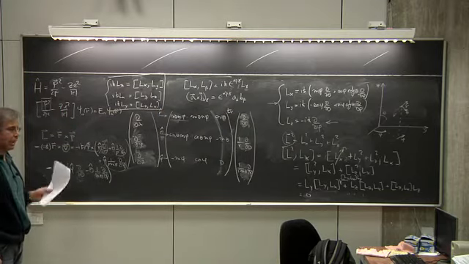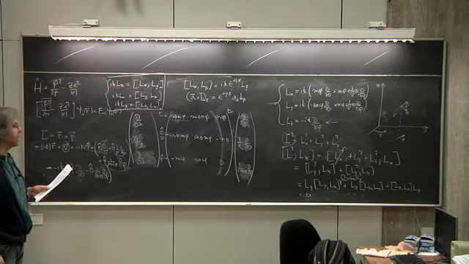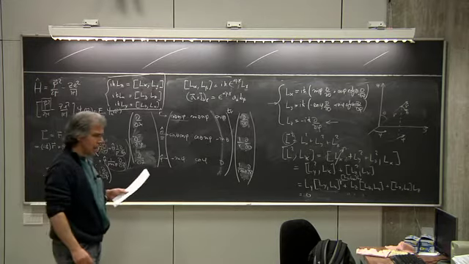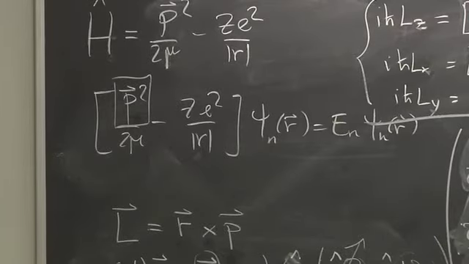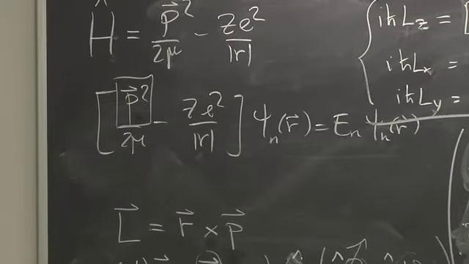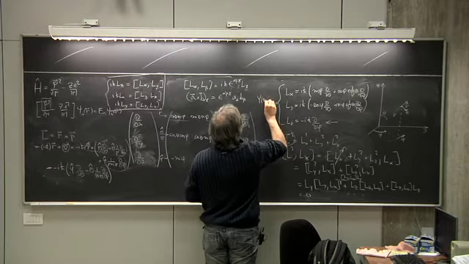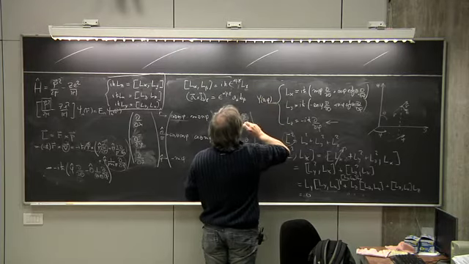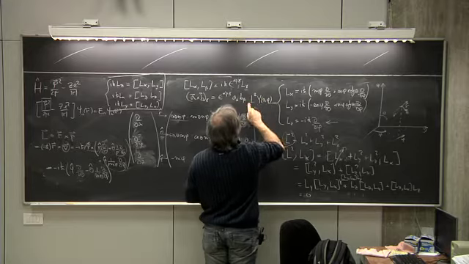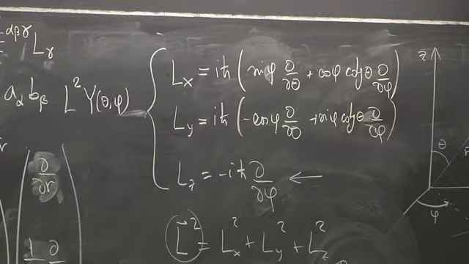We will fish it out in a second. And by using the fact that I can construct eigenfunctions, functions of theta and phi, which are eigenfunctions of L square, I can really separate variables very effectively.